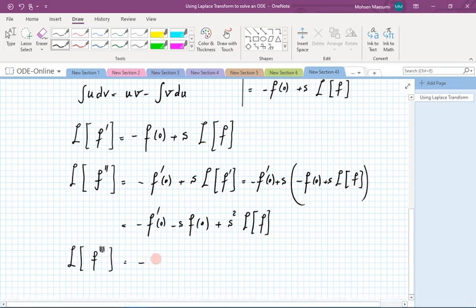So you're supposed to come across the following formula. We start with one derivative less than this, then s f prime of 0 minus s squared f of 0. So you see the powers of s going up from 0 to 1 to 2.